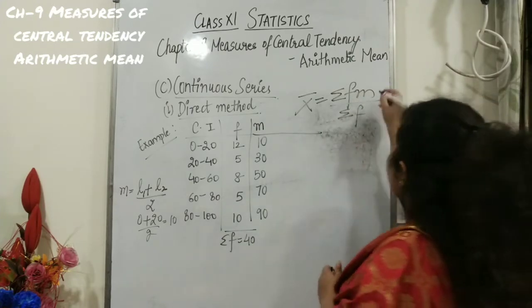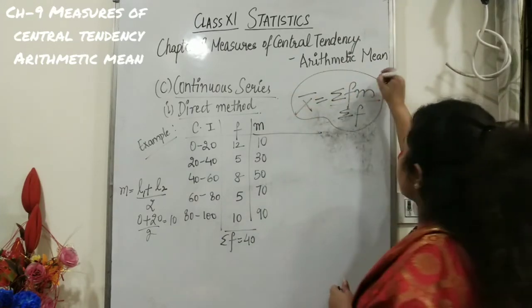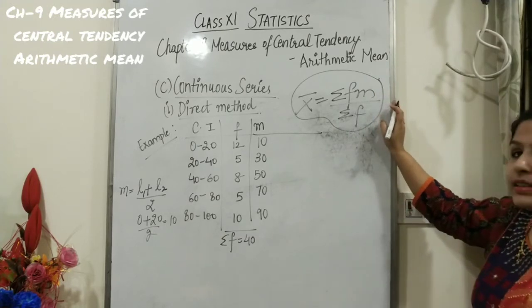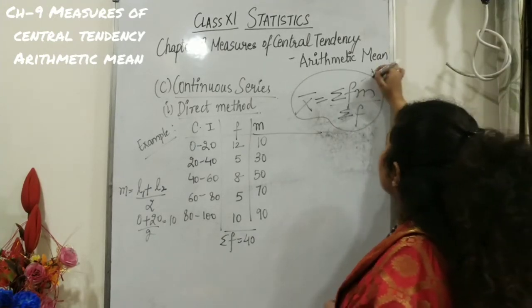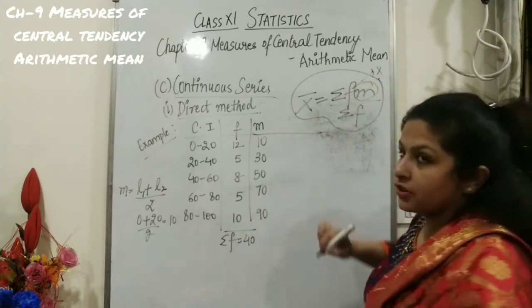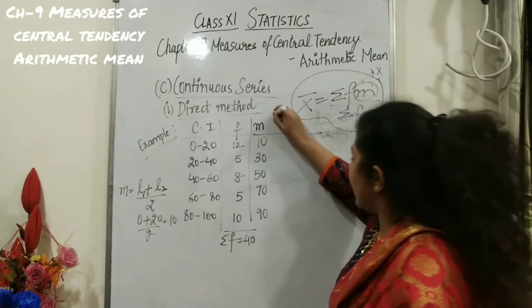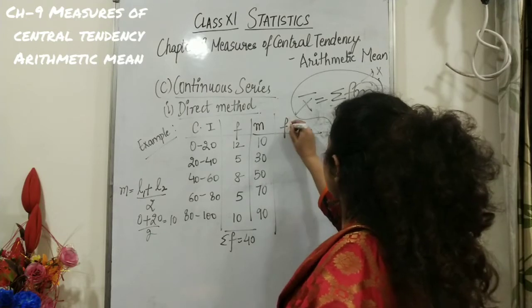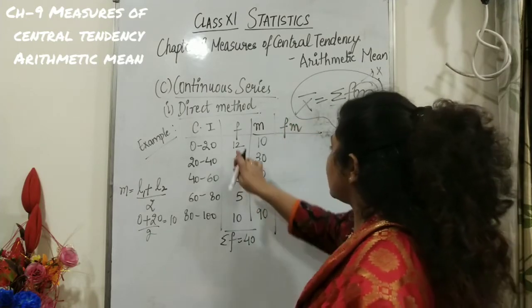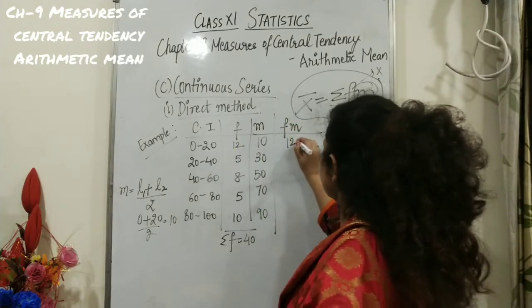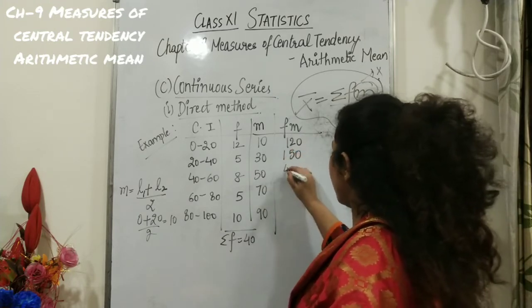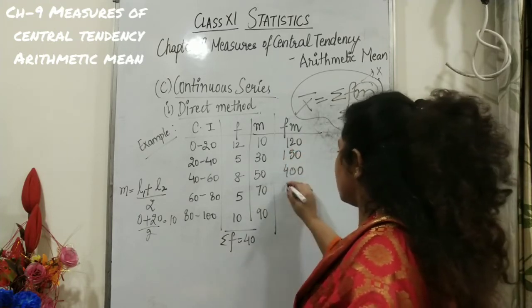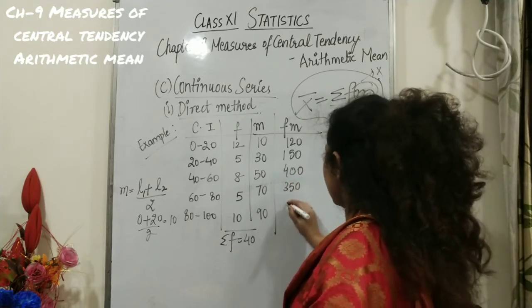And what formula have I written here? Just have a look. I have written the formula of mean as summation of fm. So what's working as x here? Mid value is working as a proxy of x here. So multiplying frequency with mid value, you will get 12 into 10, 120, 150, 400, 350, 900.